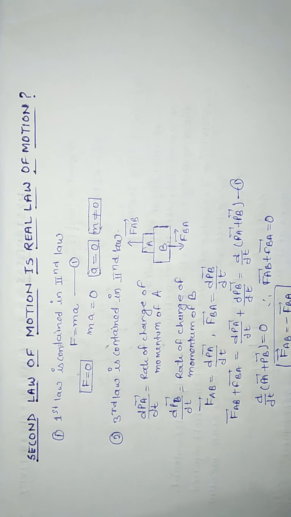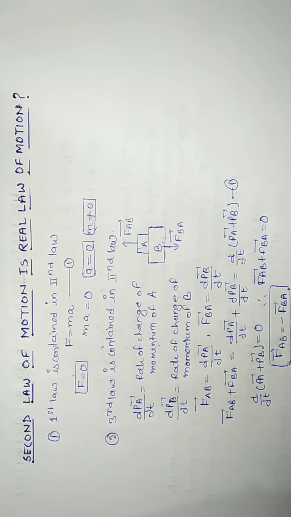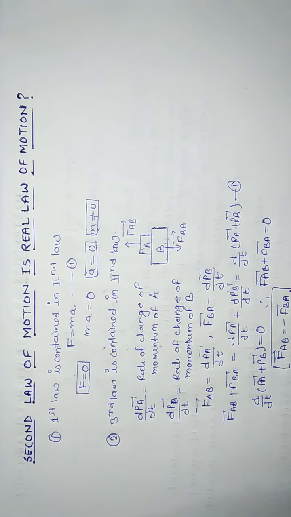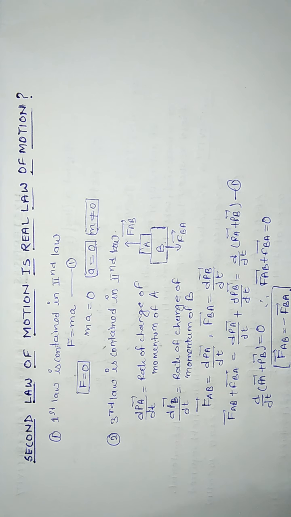Hence Newton's third law of motion is also contained in the second law. So we can say that both the first and the third laws of motion are contained in the second law. So the second law of motion is the real law of motion.